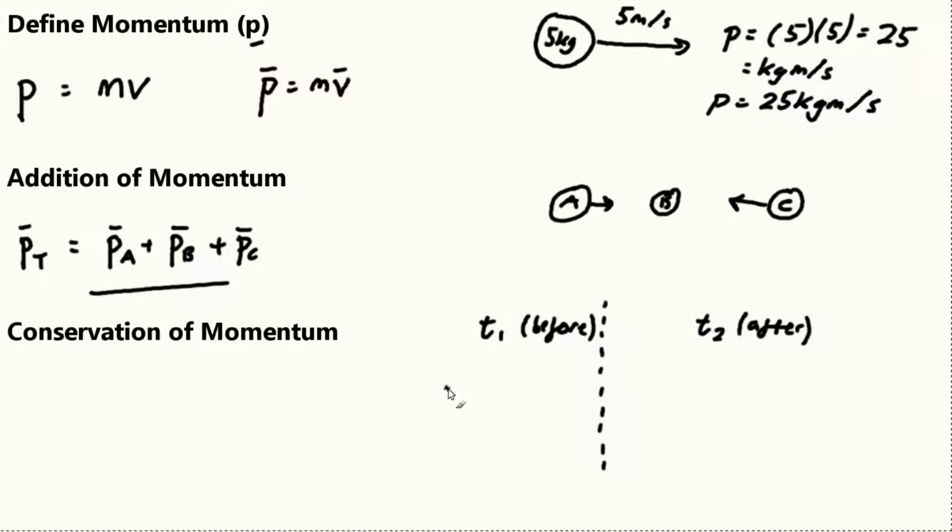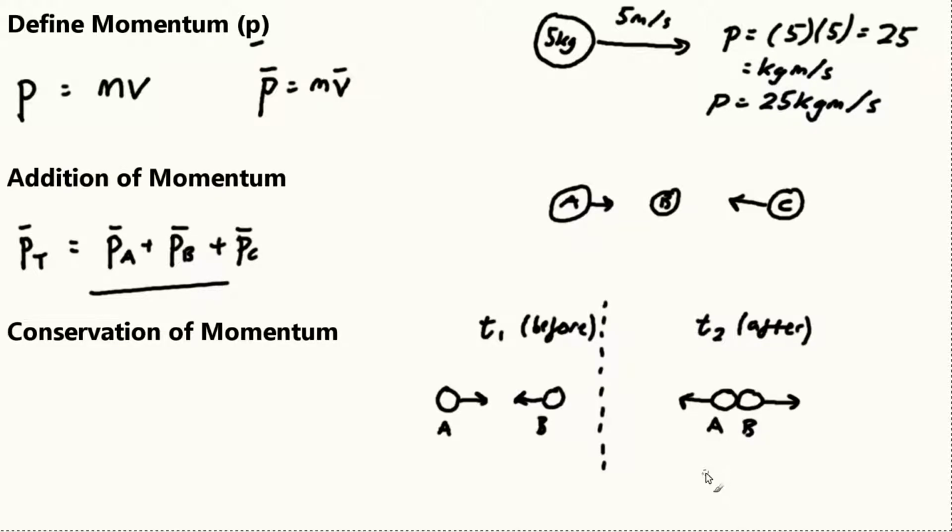Before a reaction, we may have two balls heading towards each other, where this might be ball A and this might be ball B. And then after the balls have collided and are now heading back in the opposite directions, this is A and this is B.